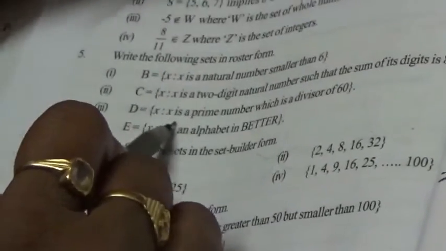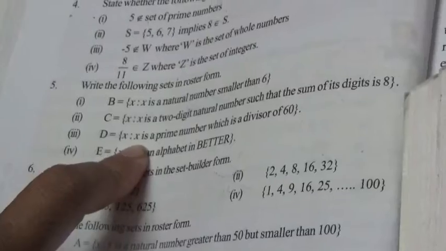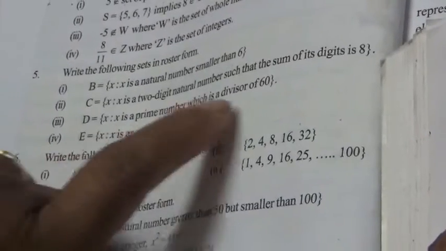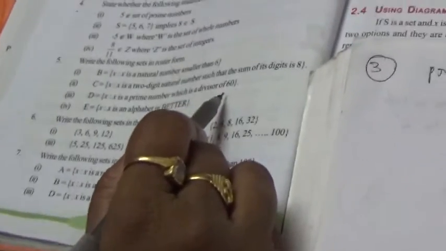So the third one, that is D is equal to {x : x is a prime number which is a divisor of 60}. What are prime numbers? Prime numbers are 2, 3, 5, 7, 11 and so on, right? In that, the divisors of 60. What are the divisors of 60?